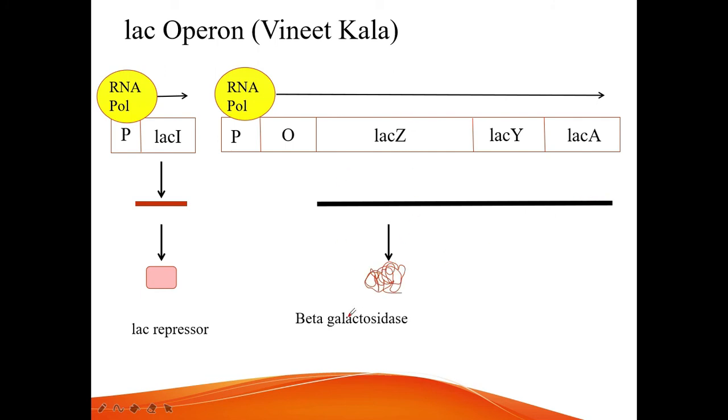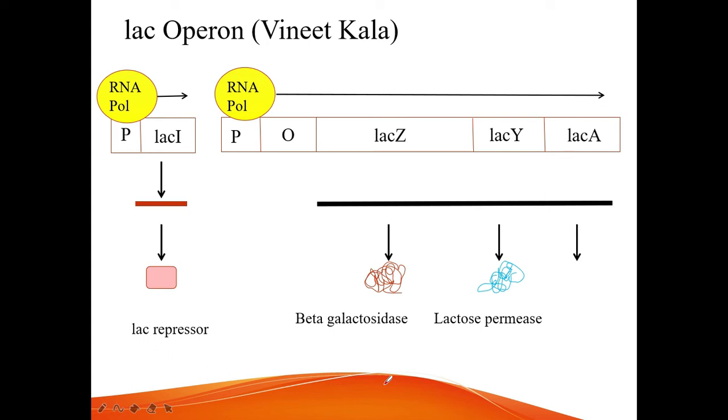Now Lac Z forms the beta galactosidase enzyme, which will convert lactose into glucose and galactose. Lac Y is lactose permease, a protein which will bind to the E. coli cell membrane, and it will enhance the transport of lactose, selectively transporting lactose from the outer environment into the cytoplasm.